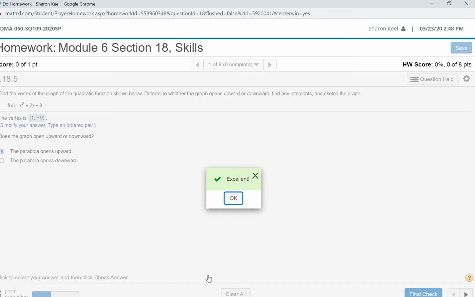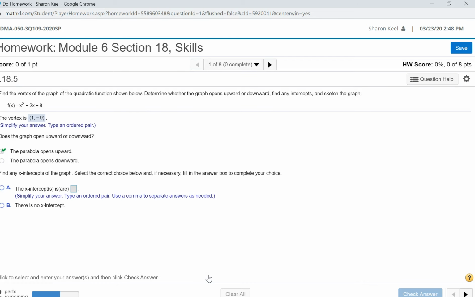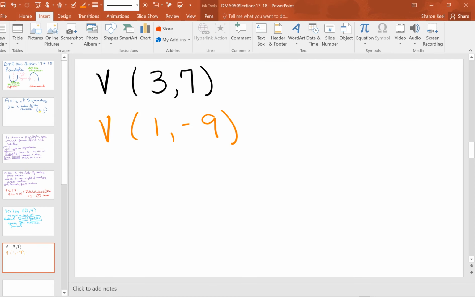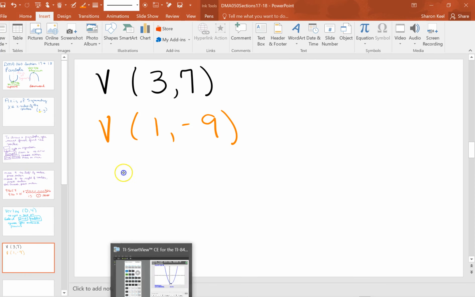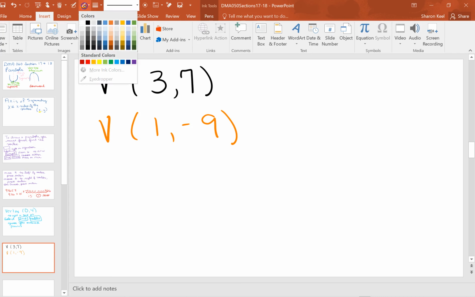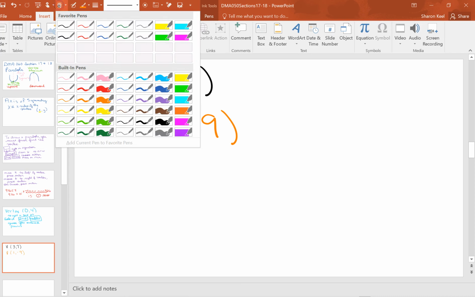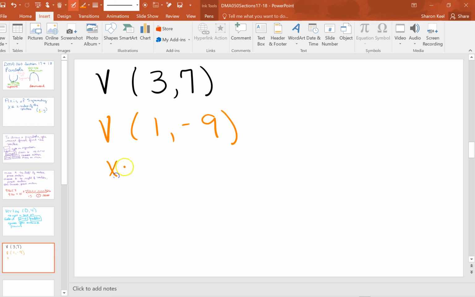Check. When it asks me for the x-intercepts, in order to find the x-intercepts, what I'm going to do different, we're trying to get the x-intercepts.